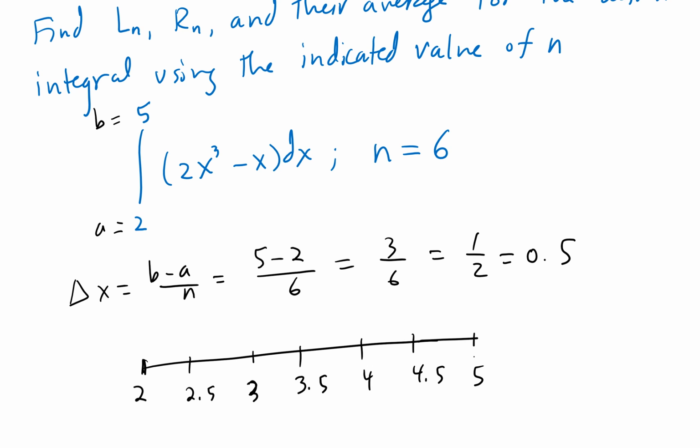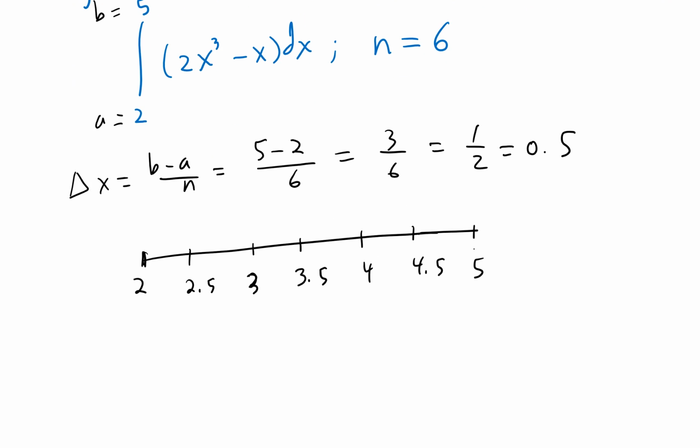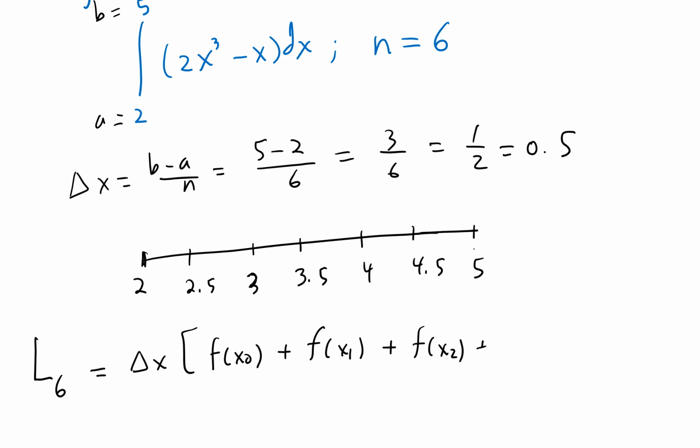6 sub-intervals. So now what we do is we find L sub 6. It's delta x times f of the first one, f of the next one, f of x2, f of x3. How many of them are there? So this is x0, x1, x2, x3, x4, x5, x6.